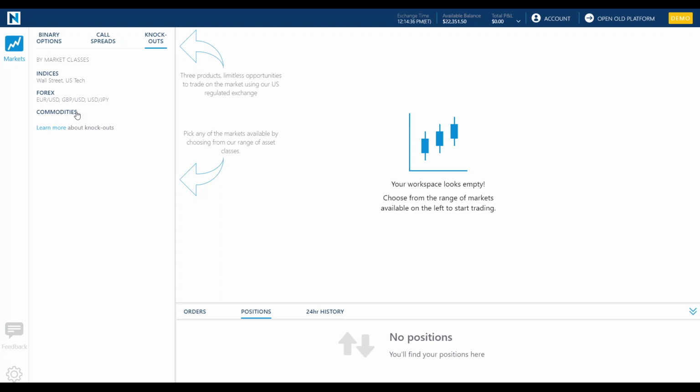Now, I am going to tell you, if you notice in the upper right-hand corner, this says demo. This is a demo environment. If you don't have a demo account, I highly encourage you to get one. You can practice trading for free. It is practice money. We will fund it with fake money. It's paper money, but you can get comfortable moving around the platform if you're not used to it.